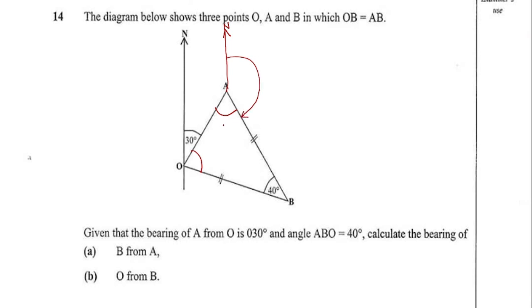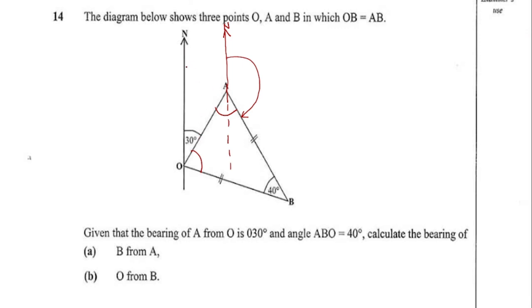Now the question is, how do you find that bearing? This north that we've put there is supposed to be parallel to the other north, which is at O. So this is parallel.